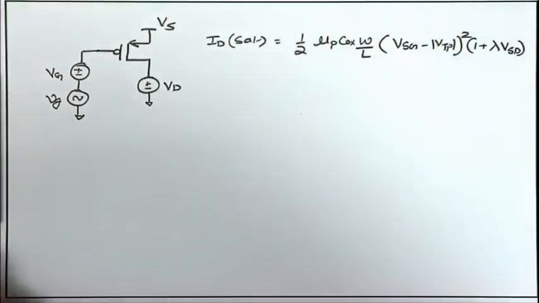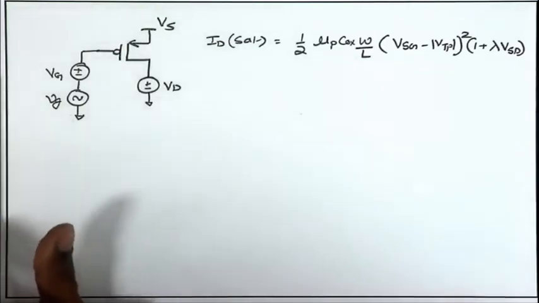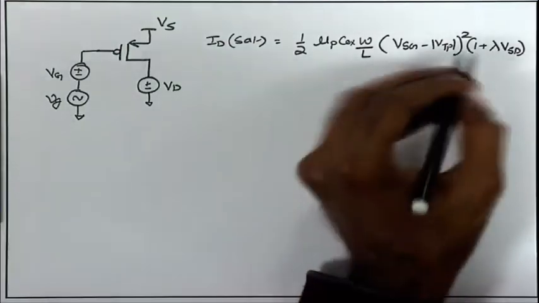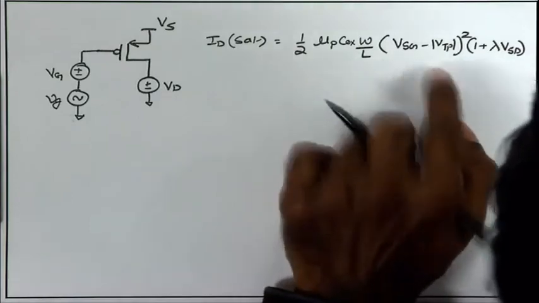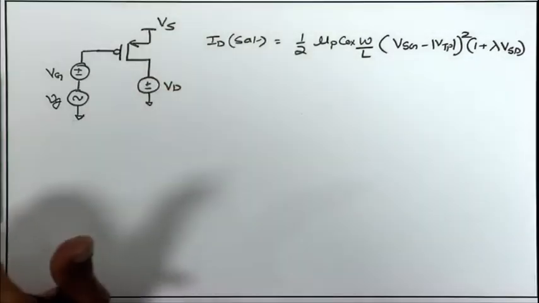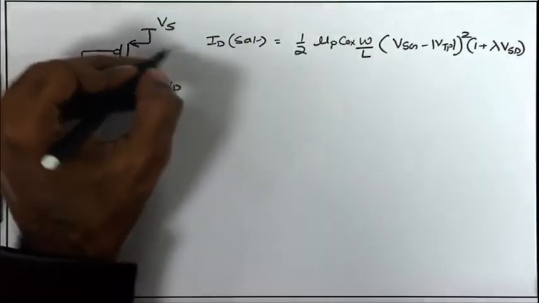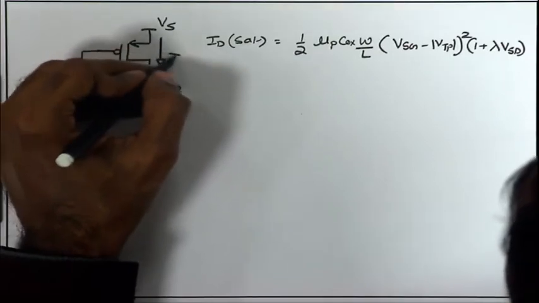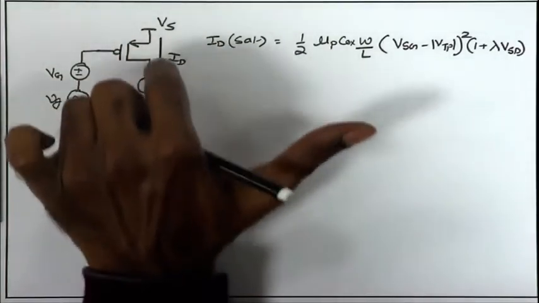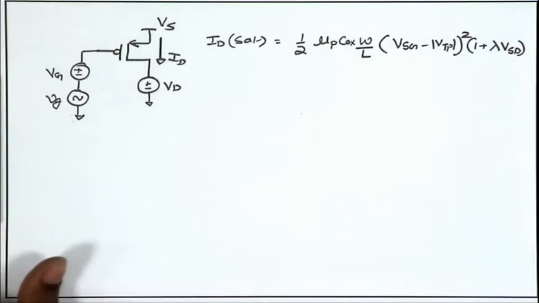So, this is the equation for the saturation region operation of the MOSFET, and now this current is the current flowing from source to drain. The positive direction of the current is from source to drain. So, Id defined by this equation is the DC current flowing from source to drain.